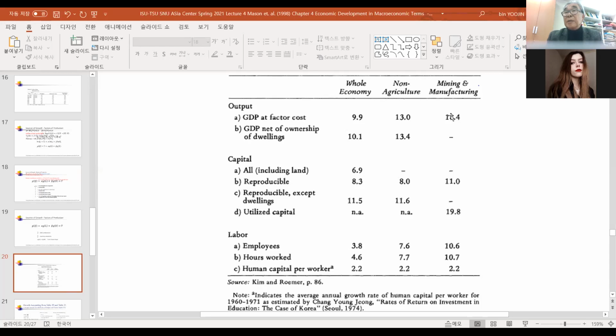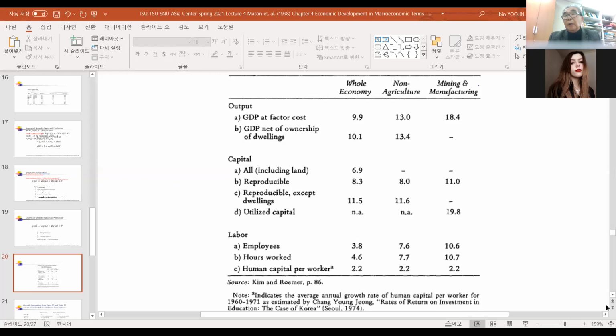Even further, more accelerated growth. Almost double the growth rate of the whole economy. In other words, the mining and manufacturing sector accelerated further. Reproducible asset capital, 11% instead of 8.3%. How about labor input? A lot of people went to the mining and manufacturing sector from the agricultural sector. That shows the growth rate of employees.